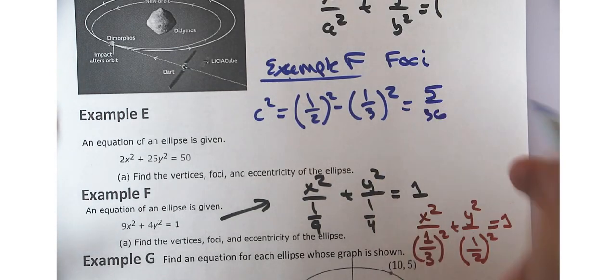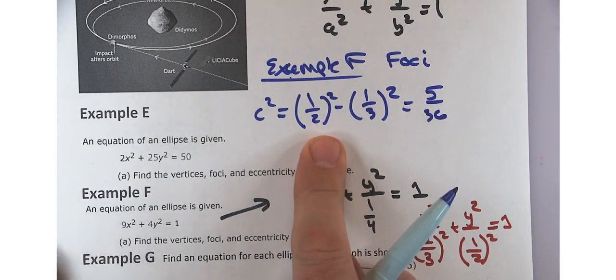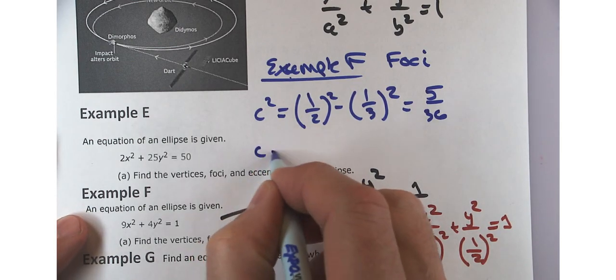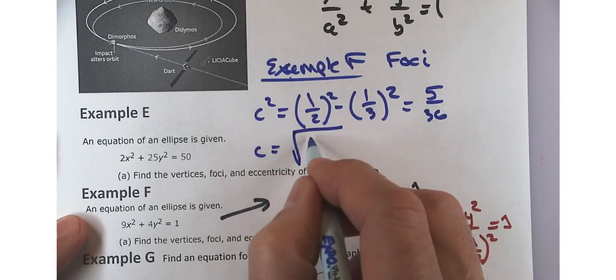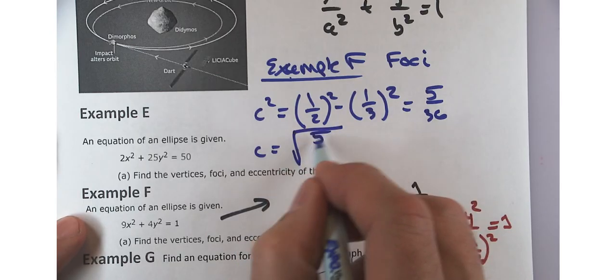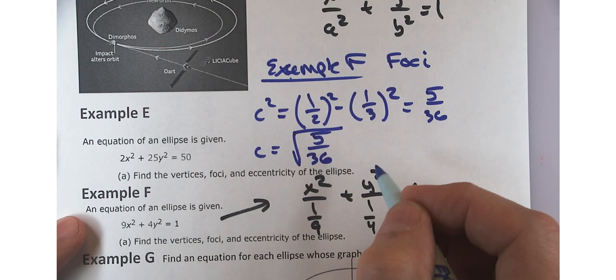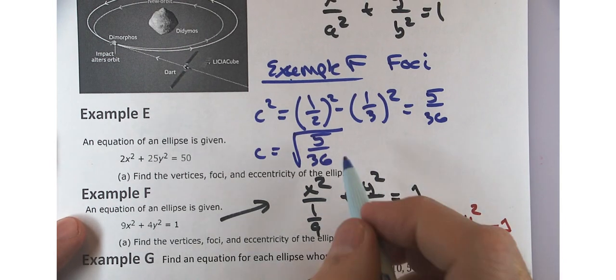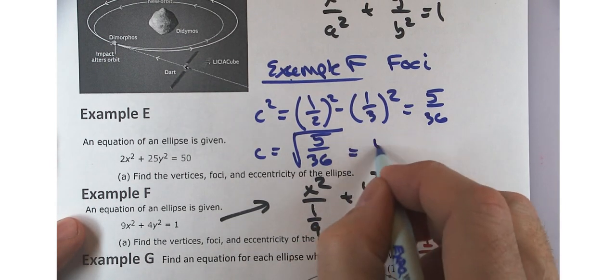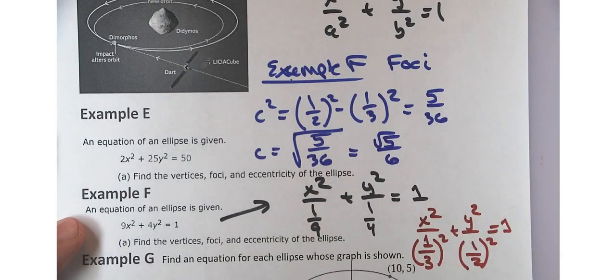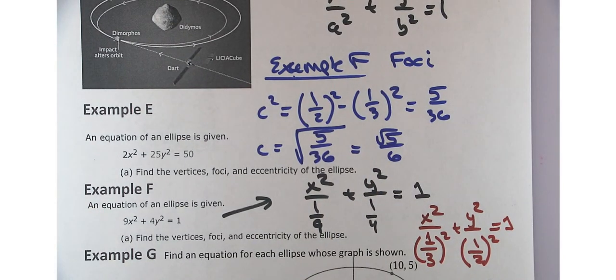But that's c squared. What's c equal to? Yeah, the square root of 5/36, which is root 5 over 6, just like Jeff said. Nice.